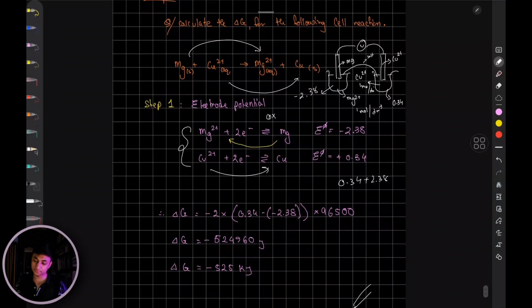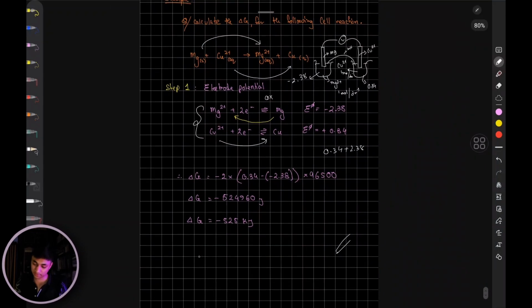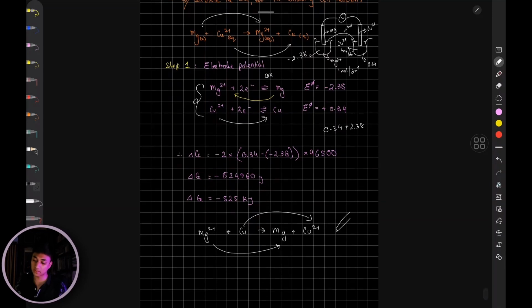Now, what if the equation was Mg2+ plus Cu, okay, Mg plus Cu2+. Now in this case, notice it's getting reduced and this is getting oxidized. However, our arrows don't match, right?